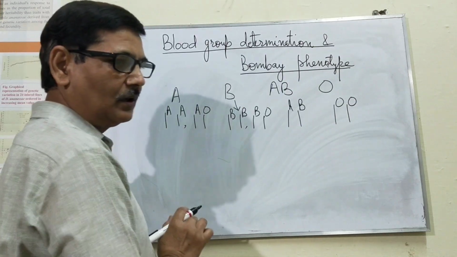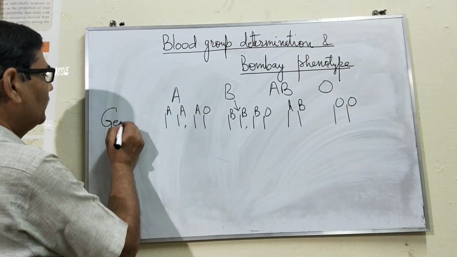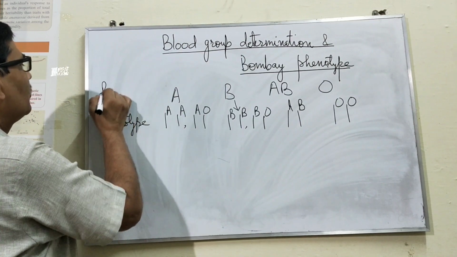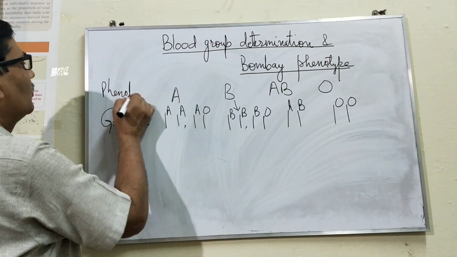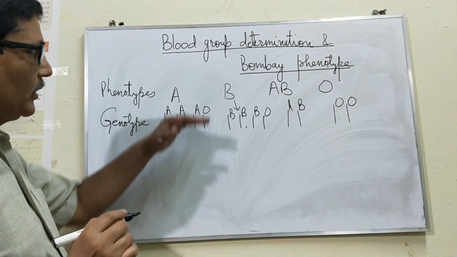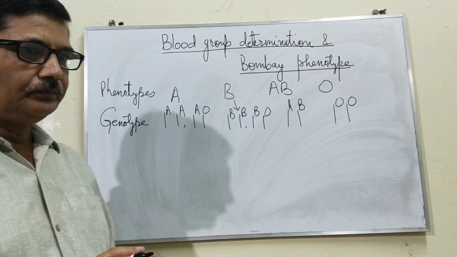By seeing this genetic makeup, because this is genotype and the upper one that shows phenotype, 4 phenotypes means 4 different kinds of individuals are found in our entire population.